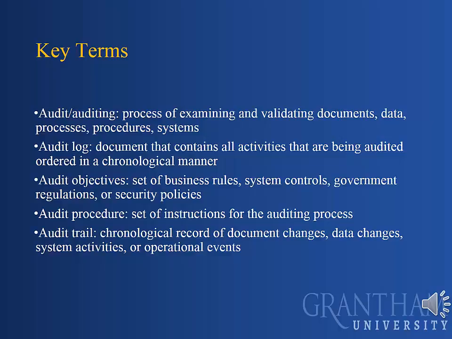The objectives then are going to be your set of business rules, system controls, security policies, and such that you are trying to accomplish looking at through your audit. And once you figure out what your objectives are, you can set up your procedures, and that'll be the instructions for the auditing process itself. The trail then would be the actual record of documentation of the changes that occurred, the data changes, system activities, operational events. So it's actually going to be your records that you will pull from for your reports.